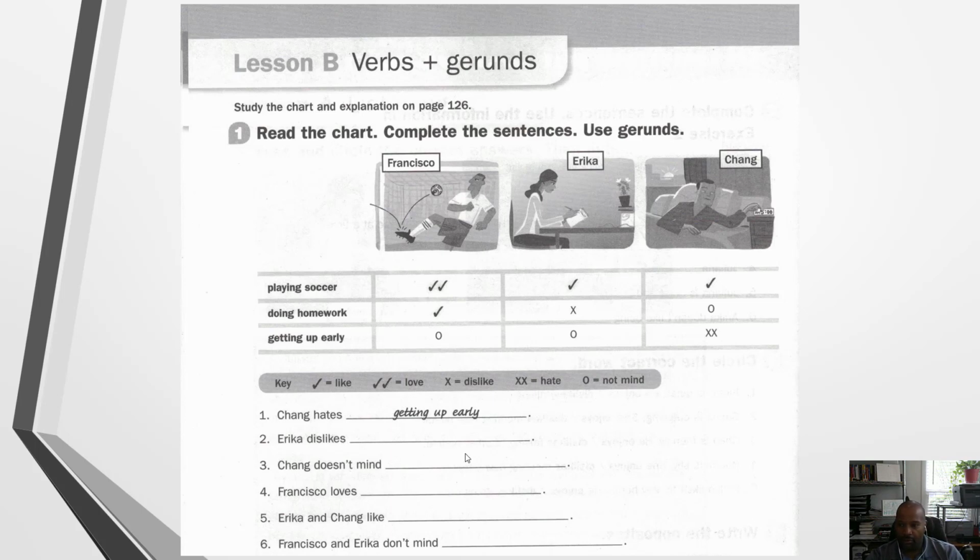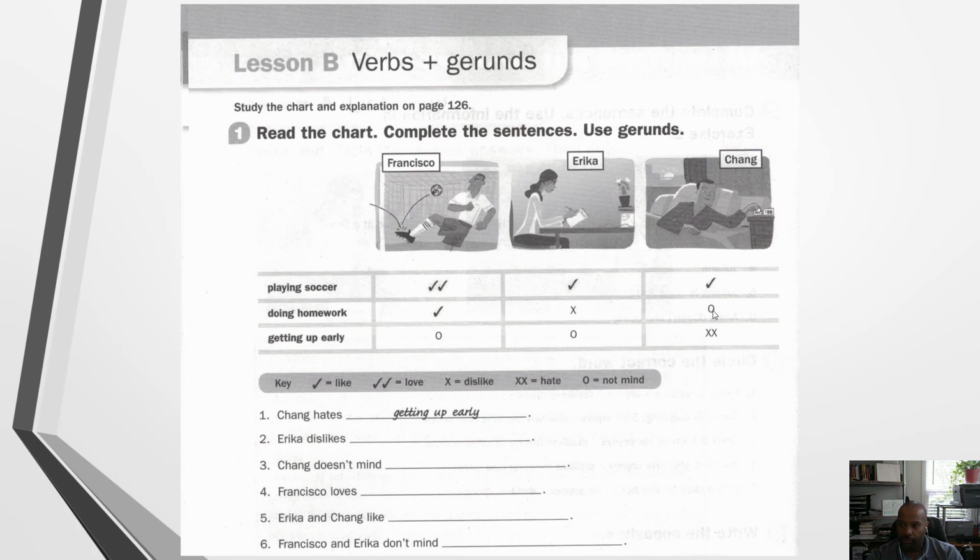Erica, I'll tell you what I wrote, and then hopefully we'll match up. Erica dislikes, I said, since dislike is the X, Erica dislikes doing homework. Chang doesn't mind, that would be O, doesn't mind doing homework.